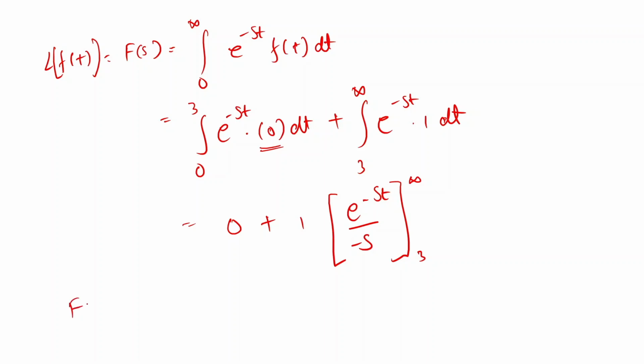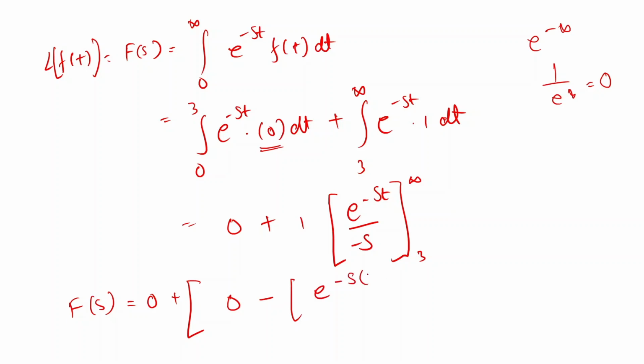So we can write F of s is equal to 0 plus, if we put the value of time as infinity, e raised to minus infinity is 1 upon e raised to infinity, so this term will be 0. So 0 minus, e raised to minus s times 3, upon minus s. This will be e raised to minus 3s upon s.